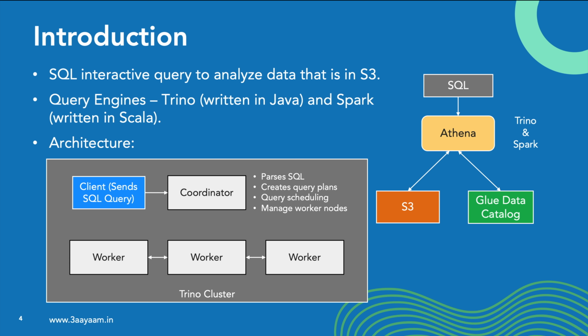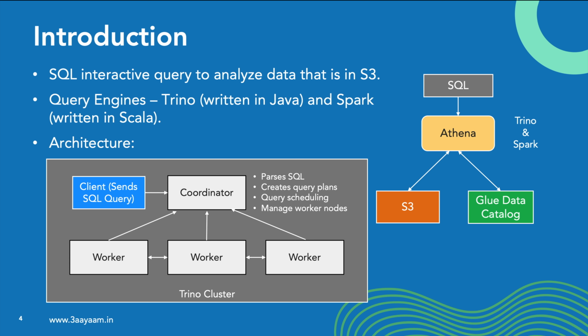Once the query plan is created, that query plan is sent to all the worker nodes for execution. Each worker node would again deal with a certain subset of data just like Redshift. Once the entire work is done, the individual result sets from these workers are sent to the coordinator node, and then the coordinator node aggregates them and sends the result back to the client.